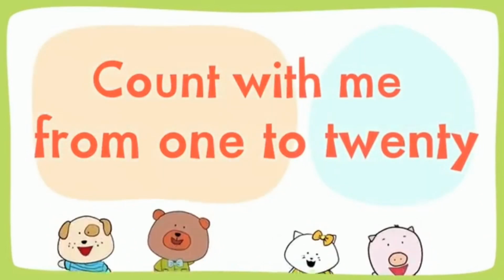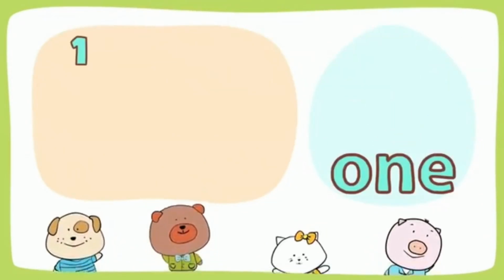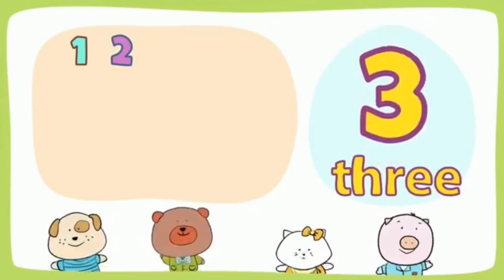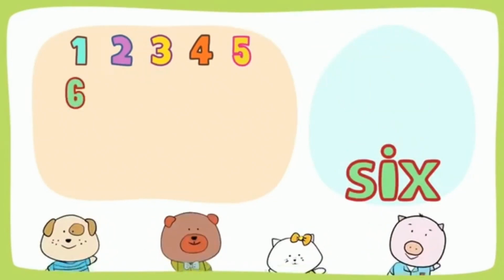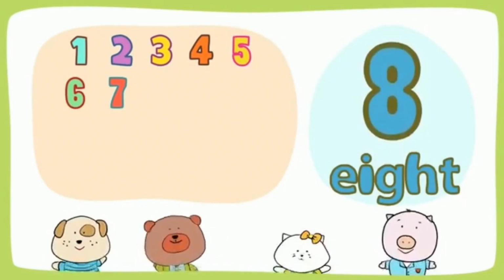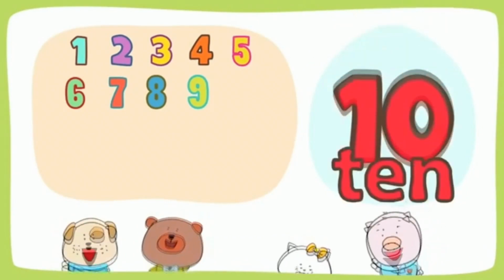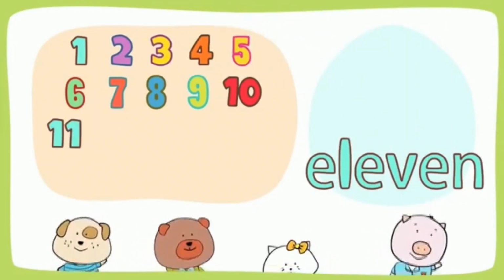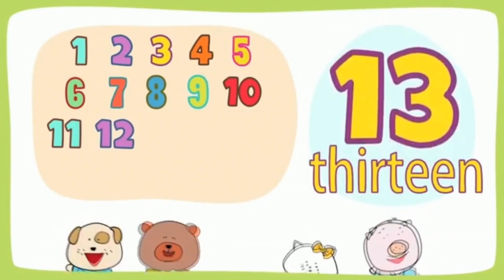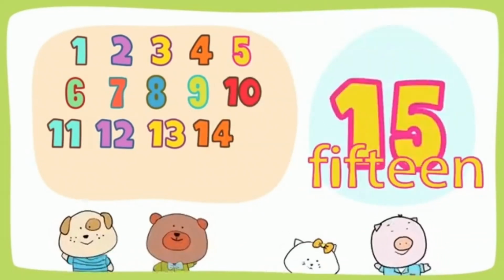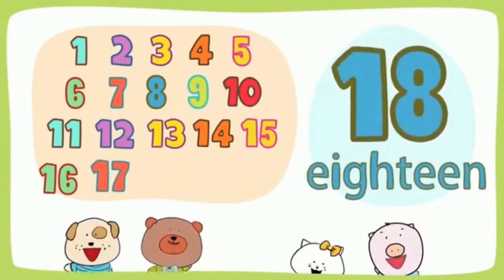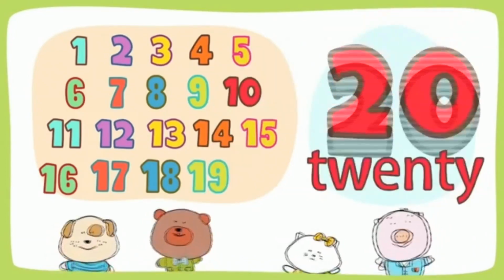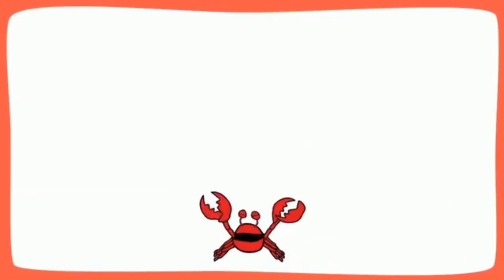Count with me from 1 to 20. 1, 2, 3, 4, 5, 6, 7, 8, 9, 10, 11, 12, 13, 14, 15, 16, 17, 18, 19, 20. Great job, kids. Let's count again faster.